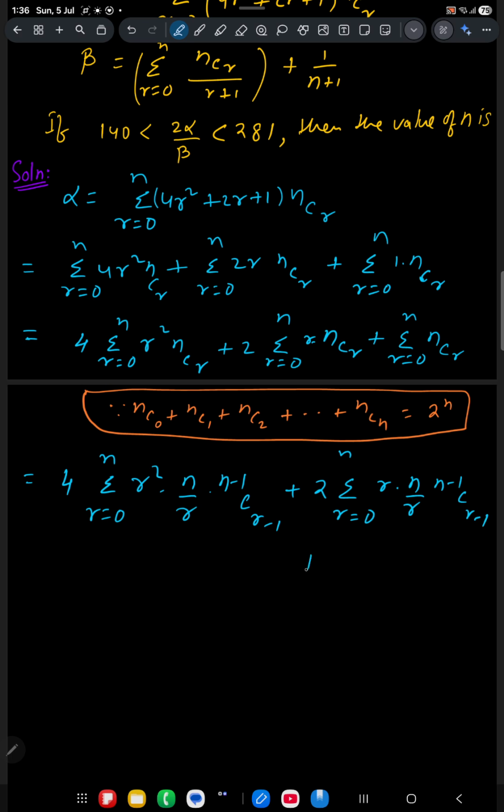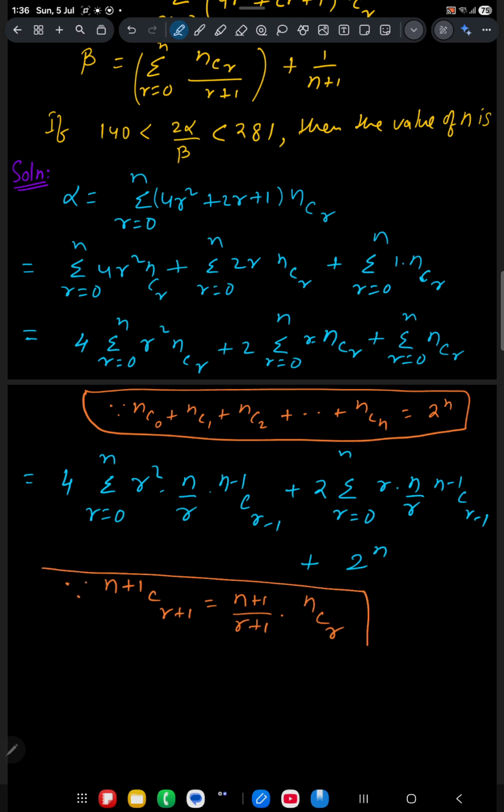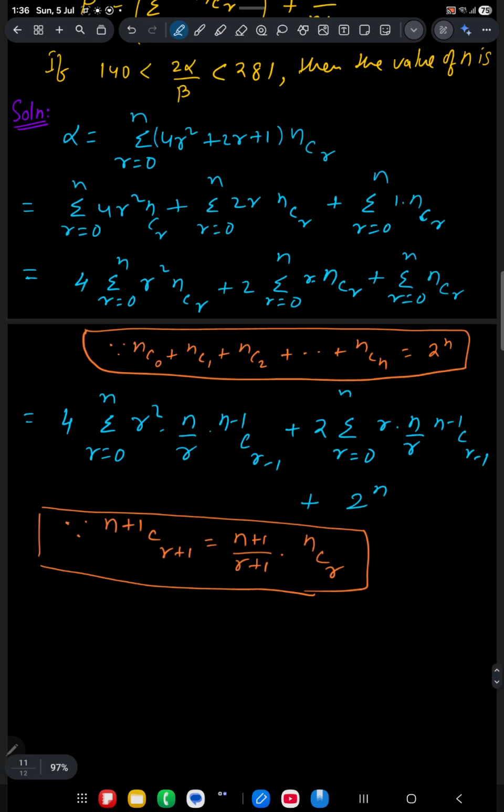Both places I have used the same formula. This will give you 2 to the power n. And what is that formula? That formula is like this: (n plus 1)C(r plus 1) can be written as (n plus 1) upon (r plus 1) into nCr.